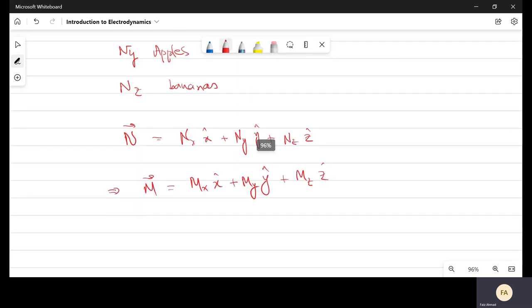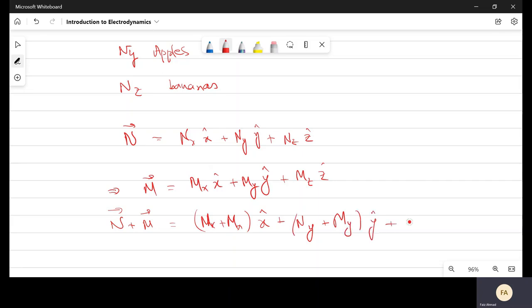So if we do an operation like addition, n plus m is equal to nx plus mx in x, plus ny plus my in y, plus nz plus mz.